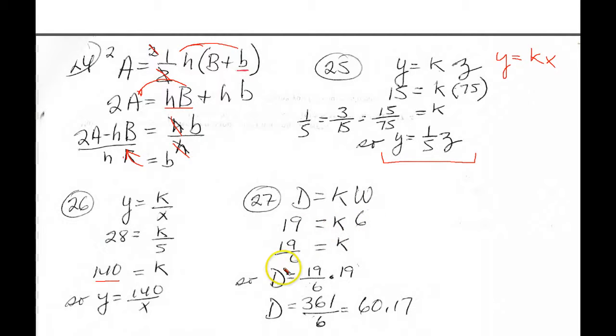Just divide both sides by 6, and you get 19/6 times k is that. You get your new distance now when you put a weight of 19 instead of 6. 19 times 19 is a big number. Divided by 6, and you get this. And they tell you to round off to 2 decimal places.